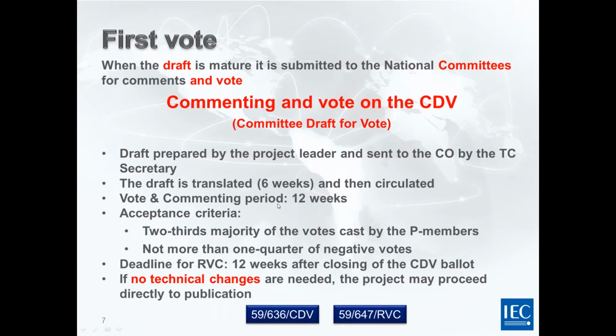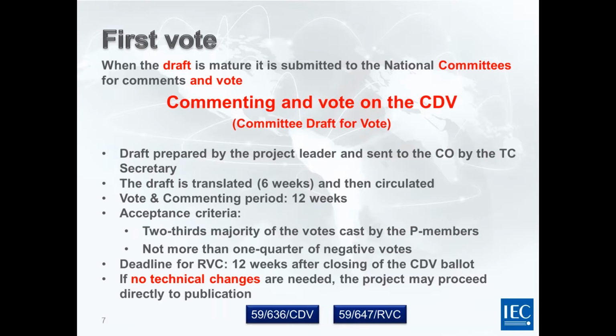So once the ballot timing is finished, there is an acceptance criteria for the CDV. The CDV needs a 2/3 majority of the votes, and we need no more than a quarter of negative votes.